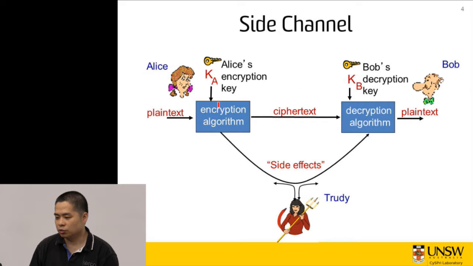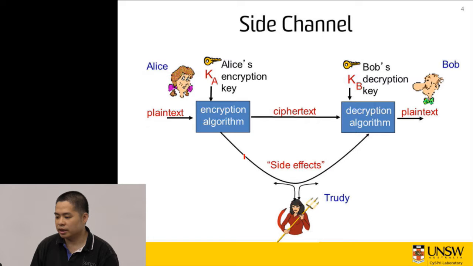However, during the encryption process, the transmission process and the decryption process, all three phases have some side effect that generates some physical phenomenon that can be intercepted by Trudy to analyze what type of key is used, what type of plain text is behind this cipher text, and what type of decryption key is used on Bob's side.